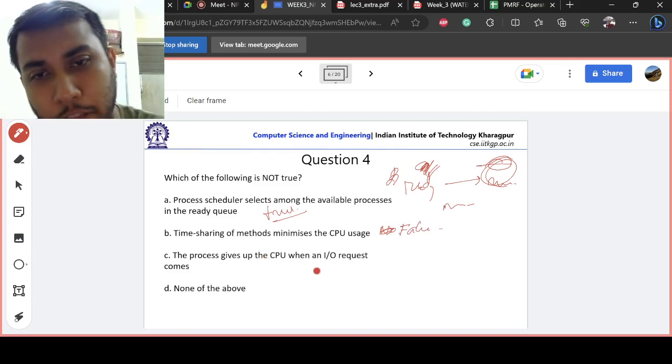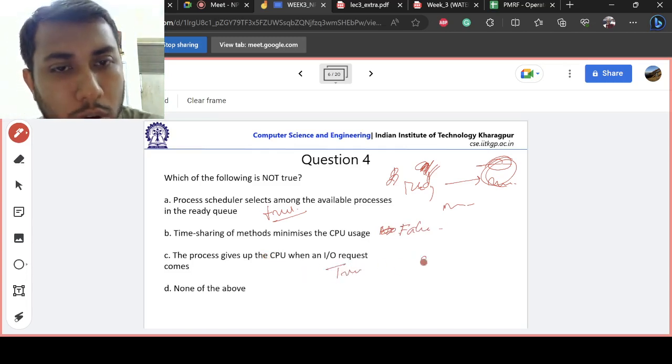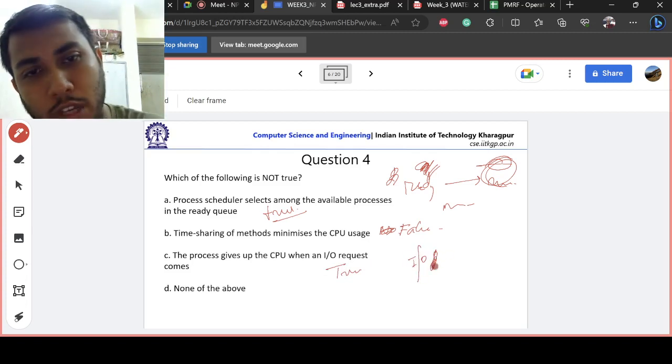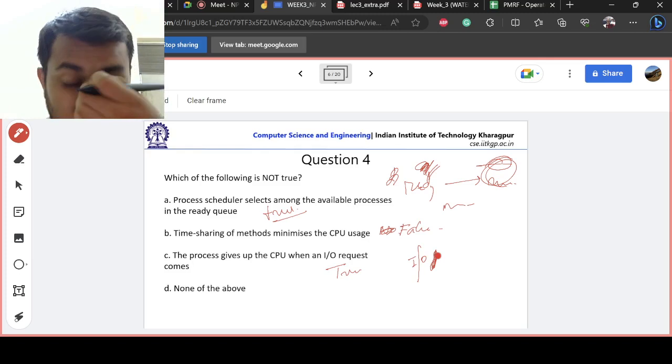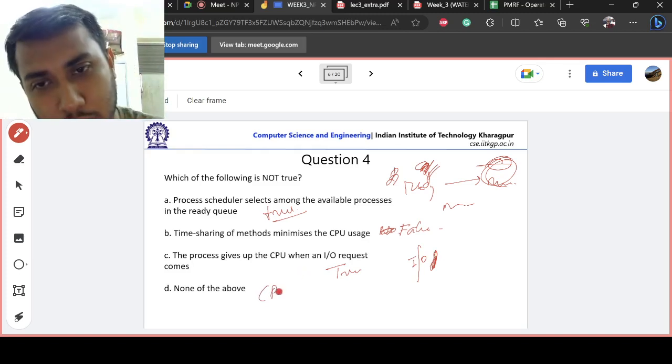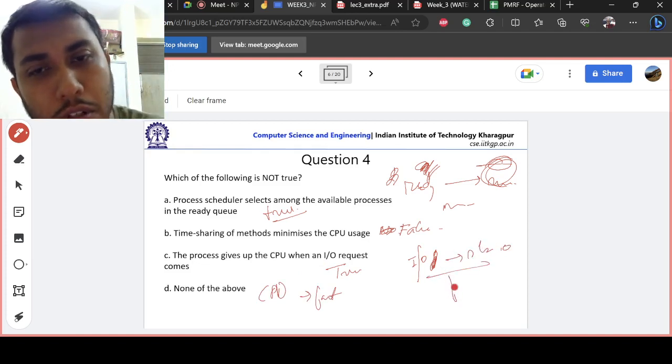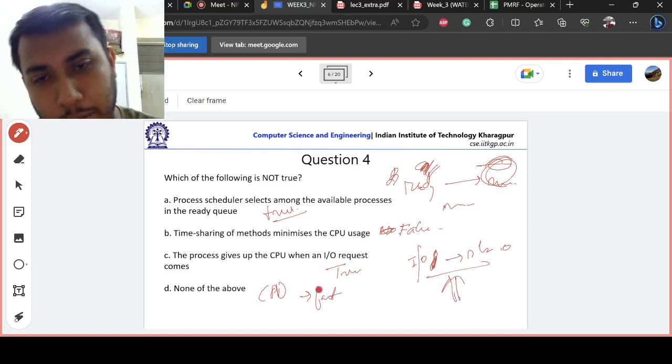The process gives up the CPU when an IO request comes: true. Why does the process give up the CPU? The reason is the CPU is very fast and IO is slow, so this IO request takes a lot of time.